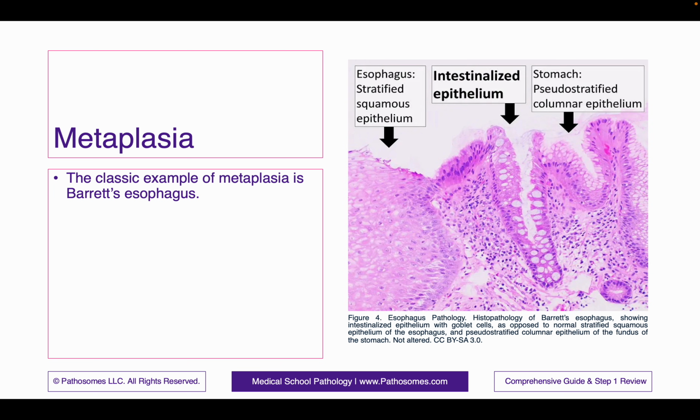This is Barrett's esophagus. Let this image burn into the optic regions of your brain, because you will see this image. I guarantee it. And when you see it, you're going to know that Barrett's esophagus is metaplasia.